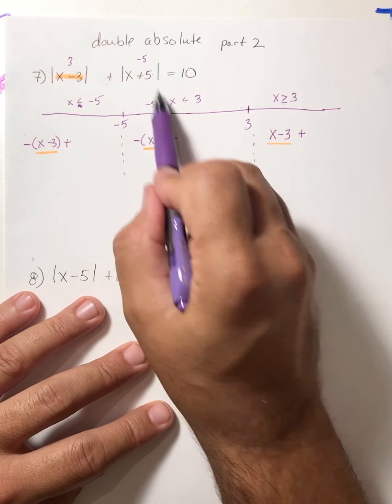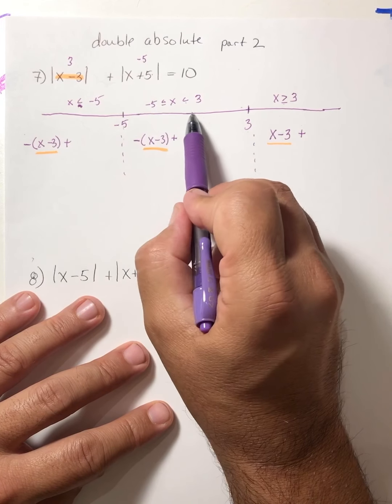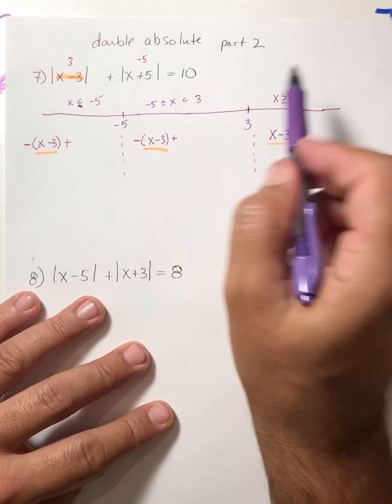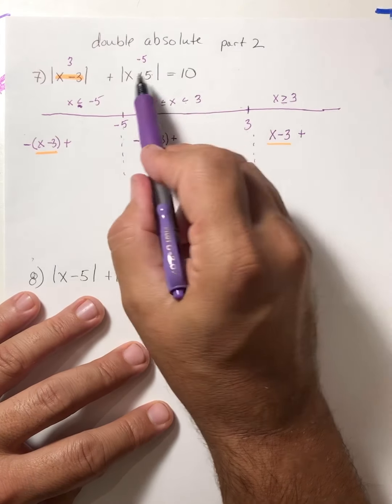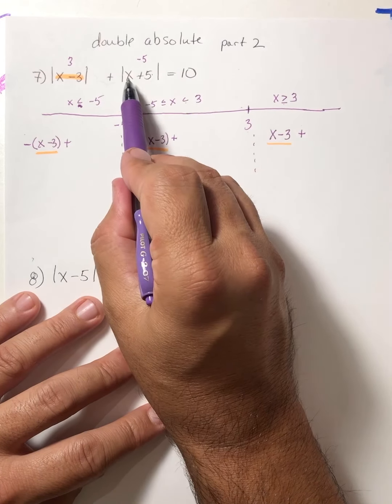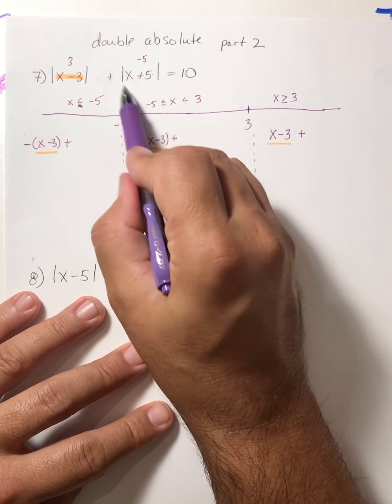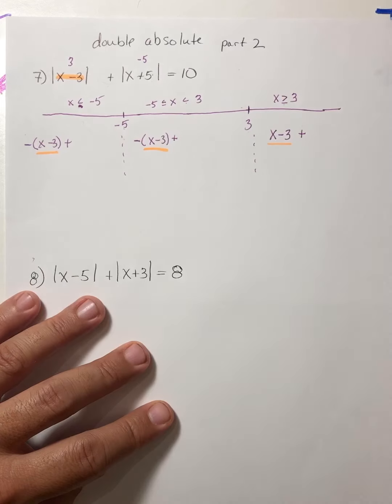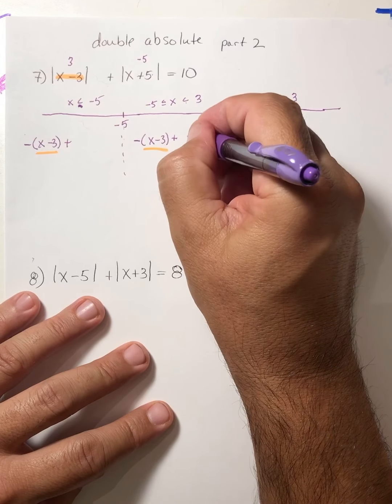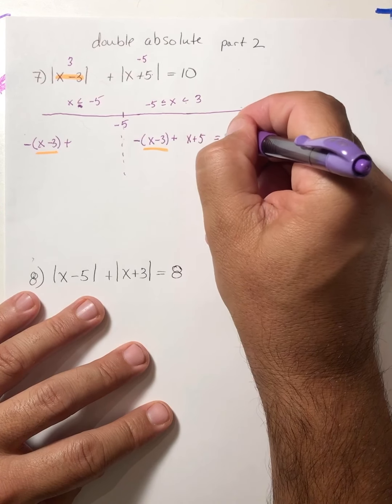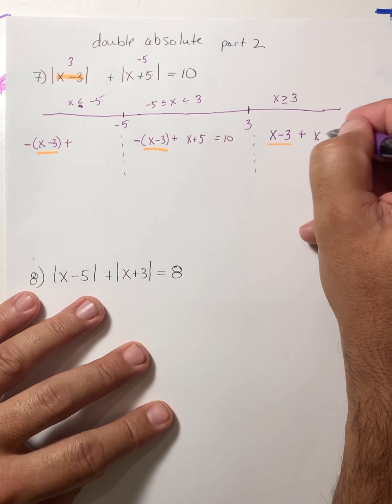Negative 4 plus 5, negative 2 plus 5, negative 1 plus 5, 10 plus 5, they're all positive results. So I'm just going to drop the absolute values, and let me finish off by saying equals 10.